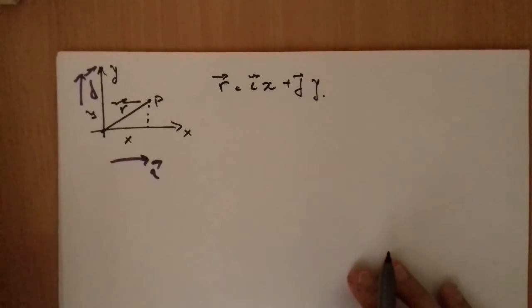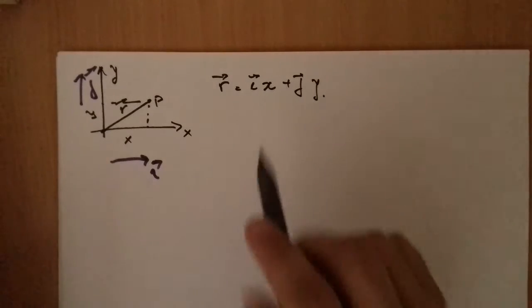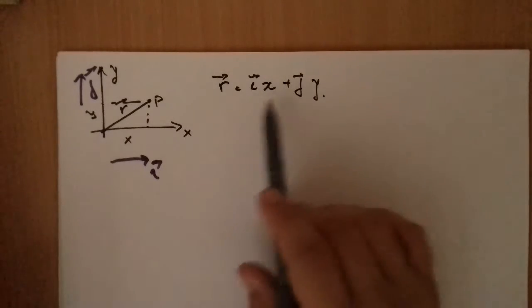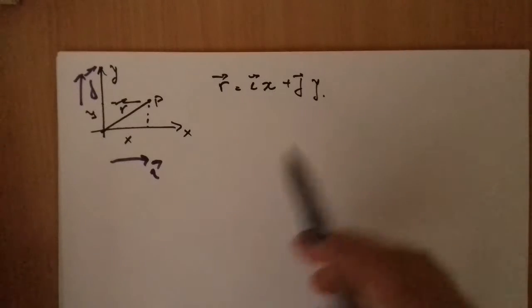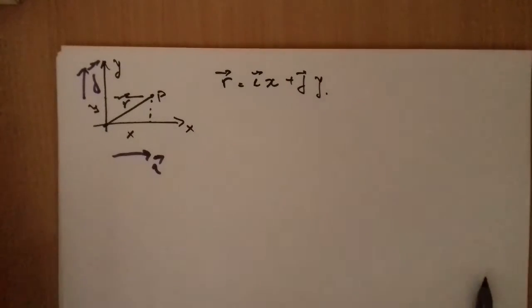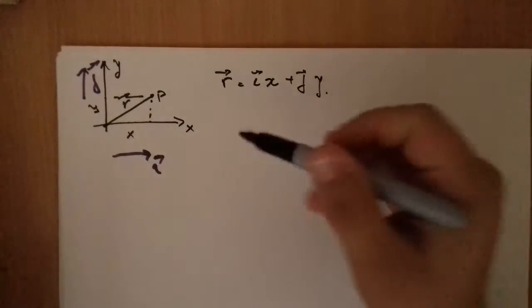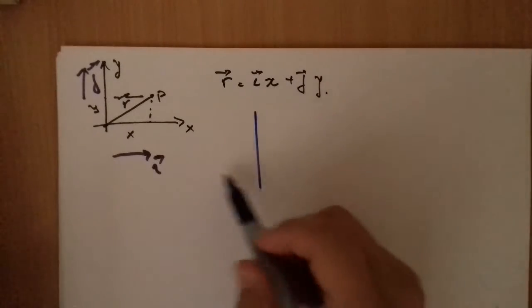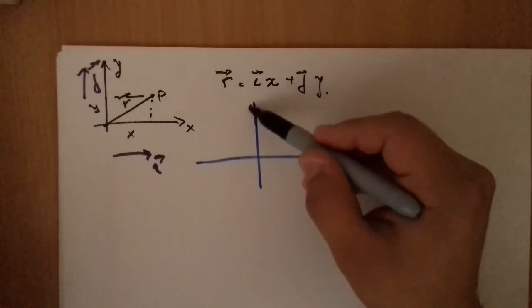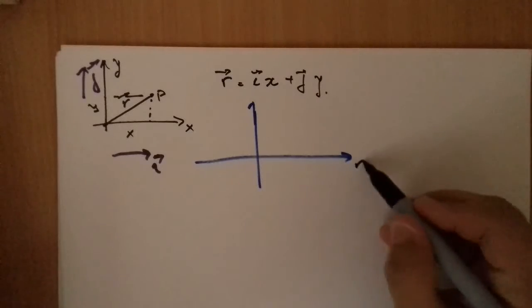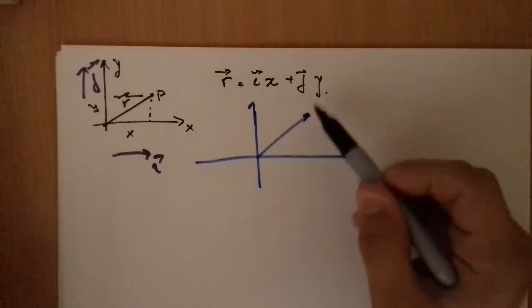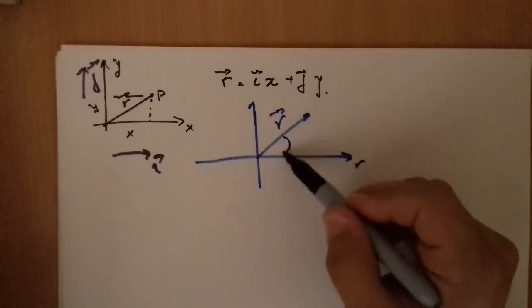and we have to find the relation between polar coordinates. So the polar coordinates are something like this. For example, we have r, and this is r, and this is theta.